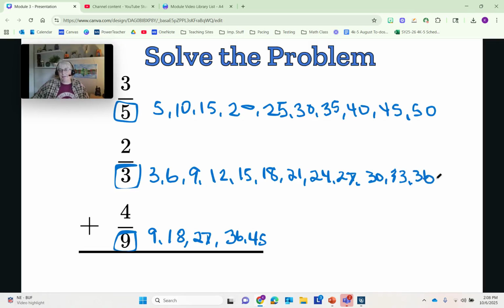I just keep adding 3 more because that's what multiplying by 3 is.